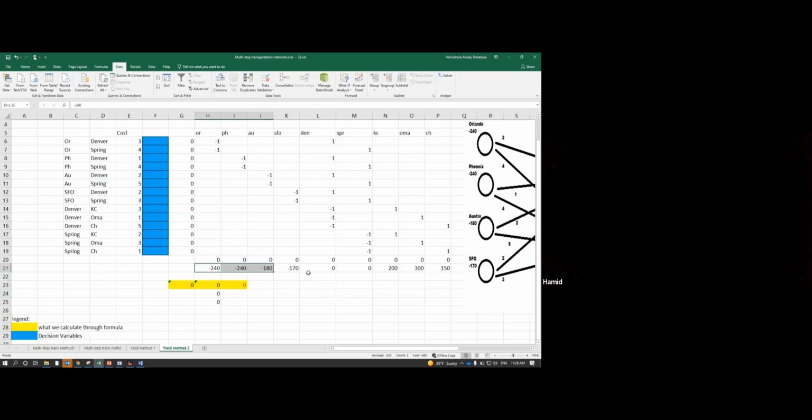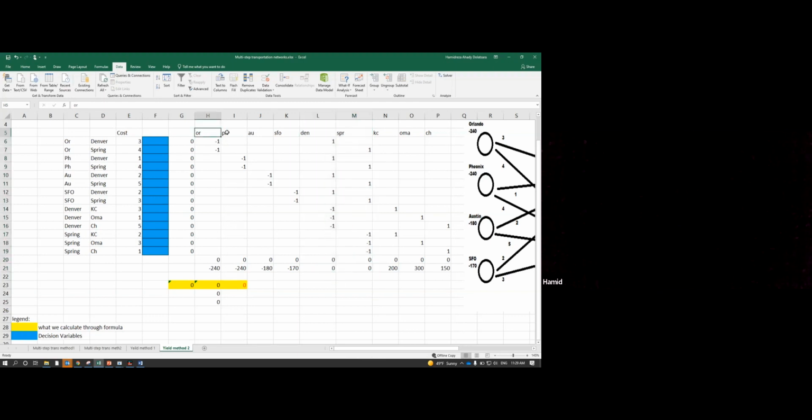On the bottom last row, you see supply and demand values. Also these two, if you see the column of Denver and Springfield, at the end I put 0. It just means everything that comes in should go out.